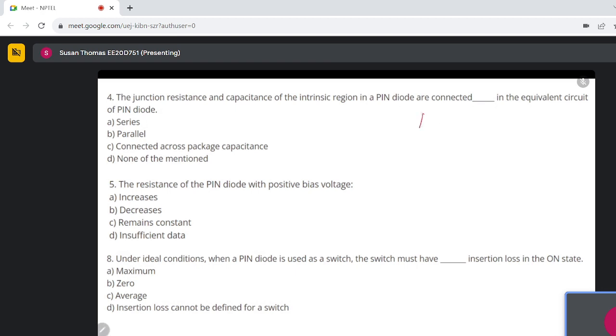So this pin diode has an intrinsic region which, if you draw the equivalent circuit, will have the Cj and Rj, the junction resistance and capacitance. So as per the equivalent circuit, are they in parallel? Are they in series? Are they connected across the package capacitance? So these are the options. What do you think?